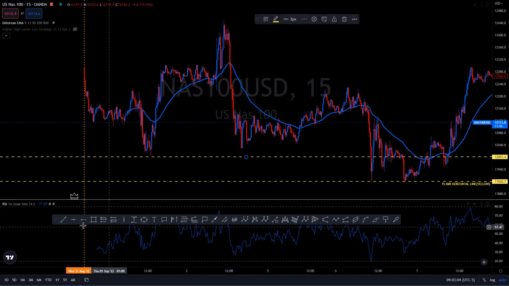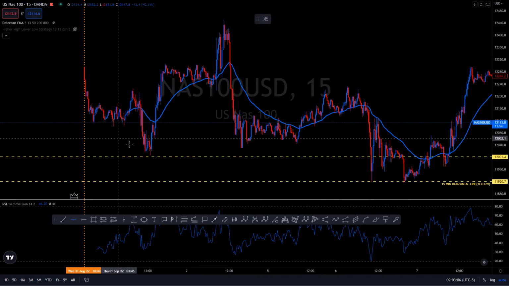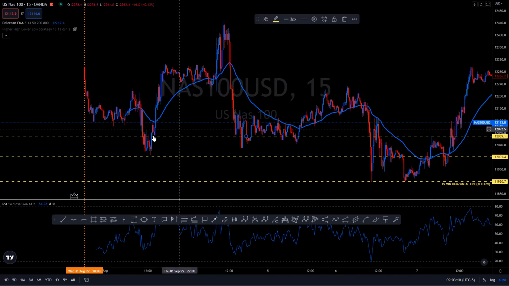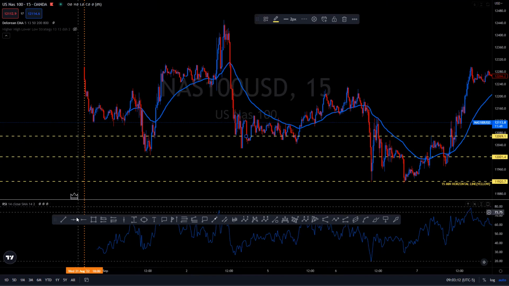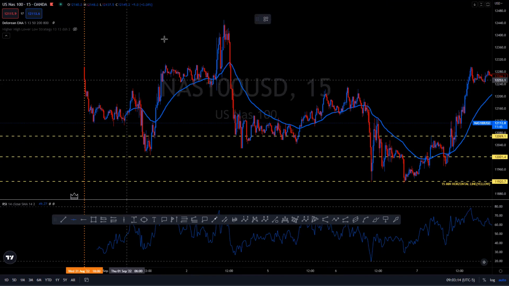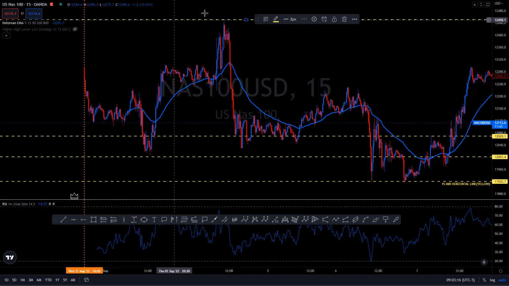So the key is actually finding these key areas so that we'll get more of an idea of areas where price is having a huge amount of buyers and sellers. Like this is a huge amount of suppliers here.